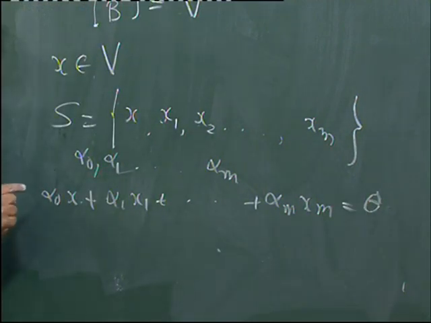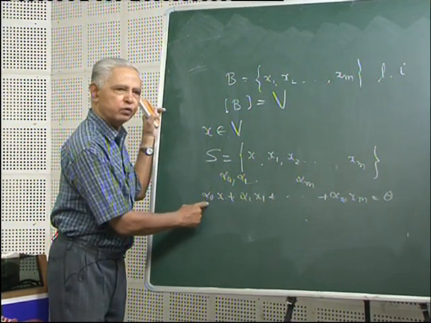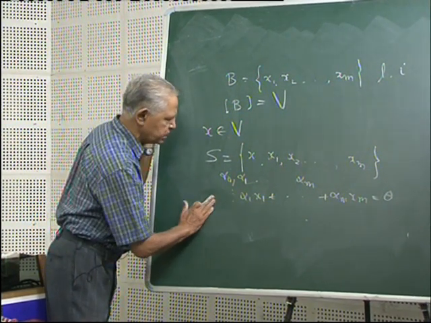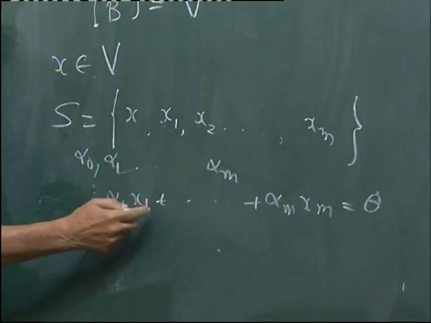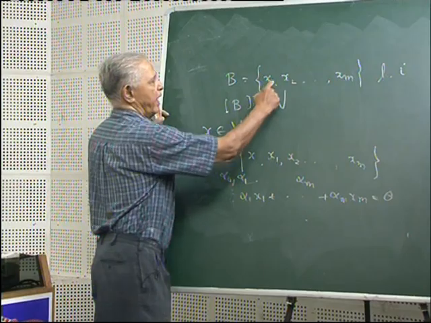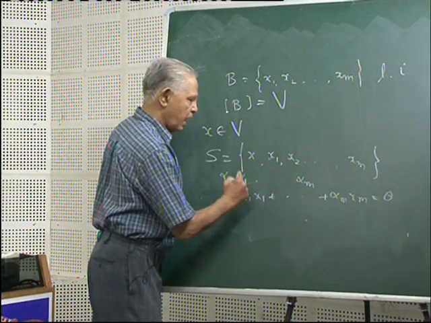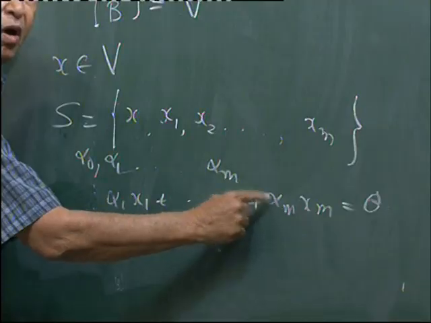First, we claim that alpha 0 is not equal to 0, because if alpha 0 equal to 0, then what we get is the equation alpha 1 x1 plus ... plus alpha m xm equal to 0, and since x1, x2, ..., xm are linearly independent, this gives you alpha 1, alpha 2, ..., alpha m all zeros.